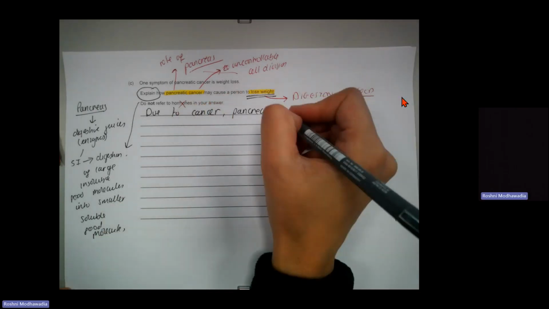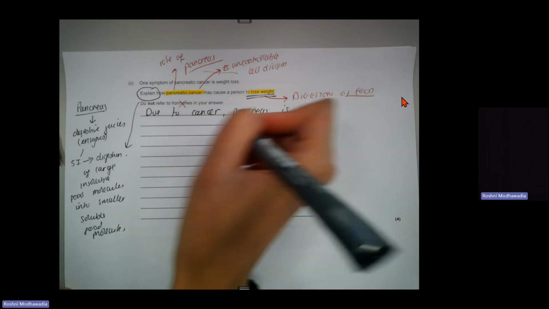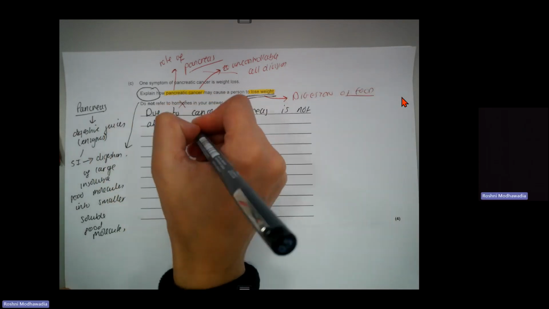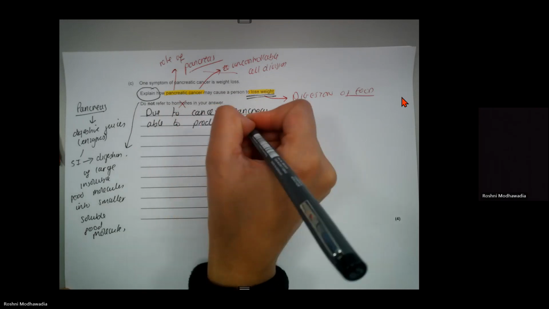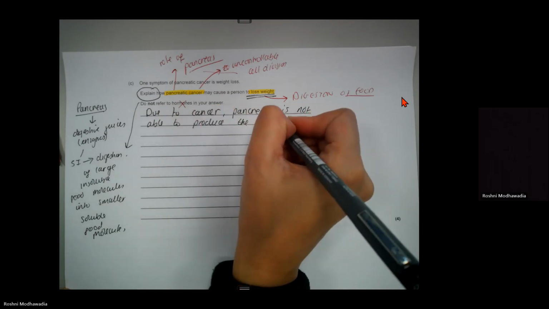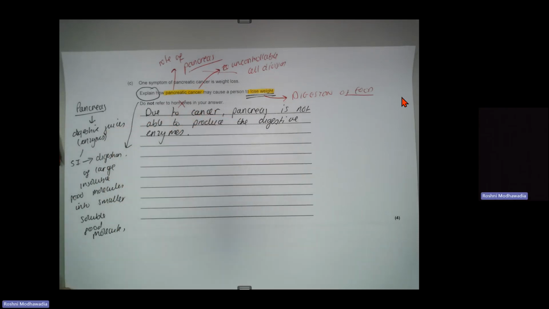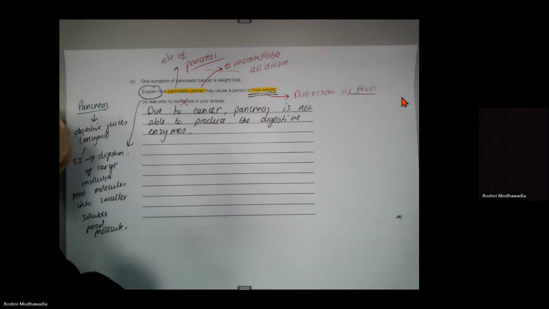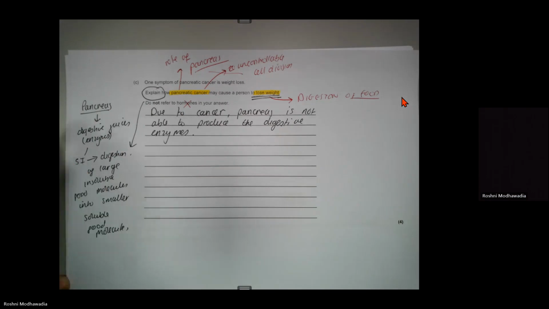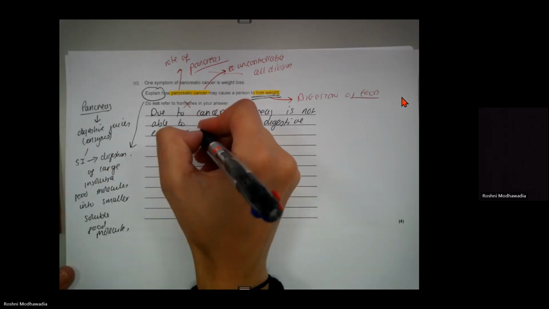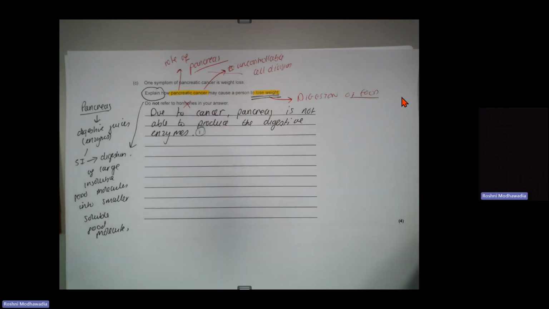The pancreas is not able to produce the digestive enzymes. That gets us 1 mark. It's recognizing the role of digestion there.